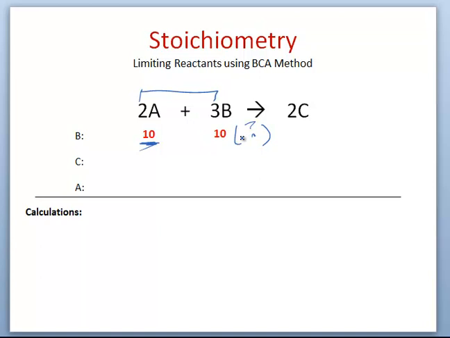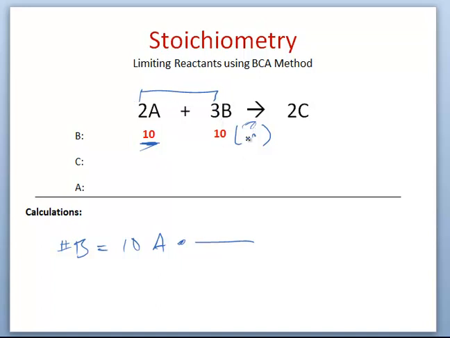Okay, so maybe you can see that intuitively, but let's do the calculation just to make sure we know what we're doing. So the question is, how many B's are we going to need? All right, so the number of B's that you'll need is equal to the number of A's that you have. Okay, so we have 10 A's, and then you simply multiply that by the ratio given in the balanced chemical equation.